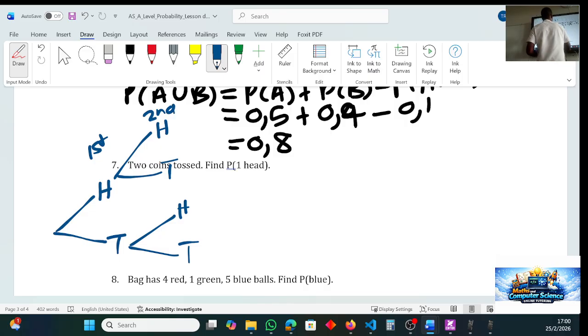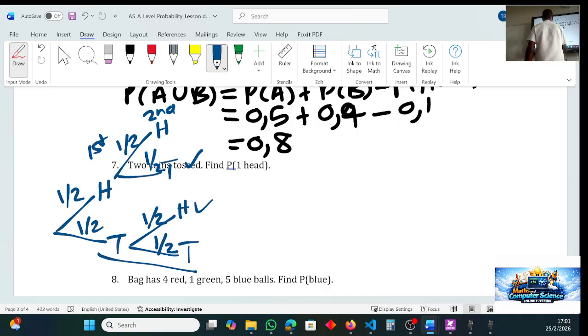If I want the chance of getting only one head, it means it's either this or that. And we know that the chance here is always 1 over 2 for each branch. So the chance of, for instance, getting two tails, I'll multiply these two. It will give me 1 out of 4.